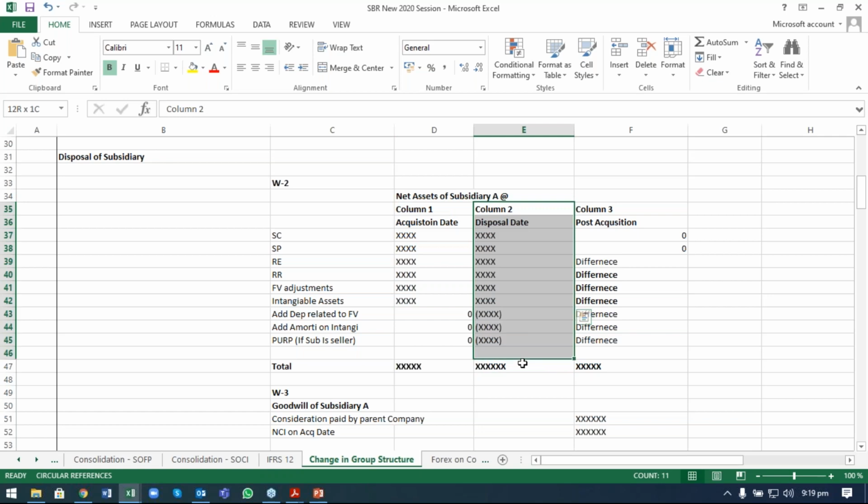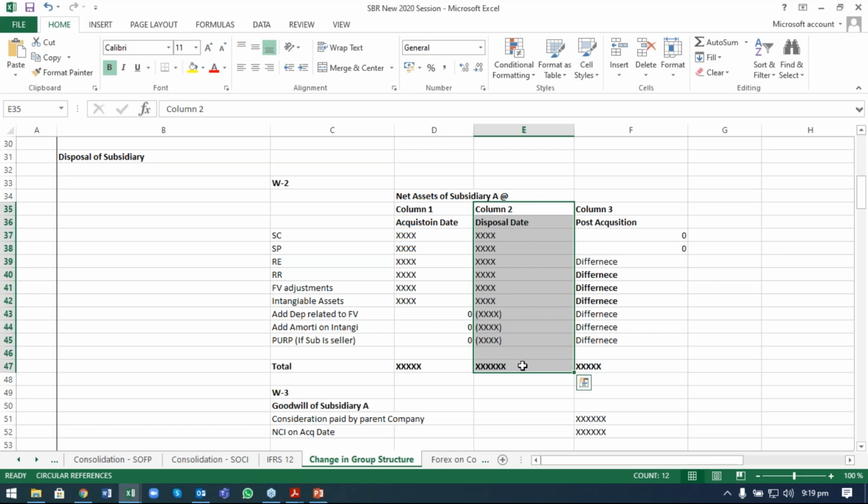You have to calculate the net assets of the subsidiary at the disposal date. Before calculating that, I'm making a concept clear about what items should be accounted for when a disposal of a subsidiary is accounted for. Whenever you are acquiring a subsidiary, you are recording three items related to the subsidiary within your consolidated balance sheet or income statement.